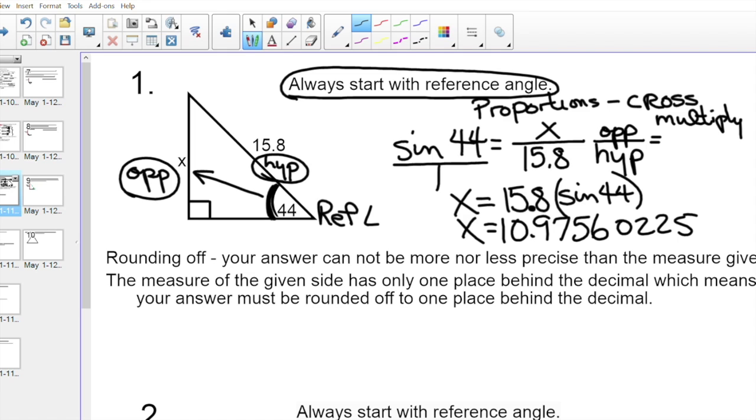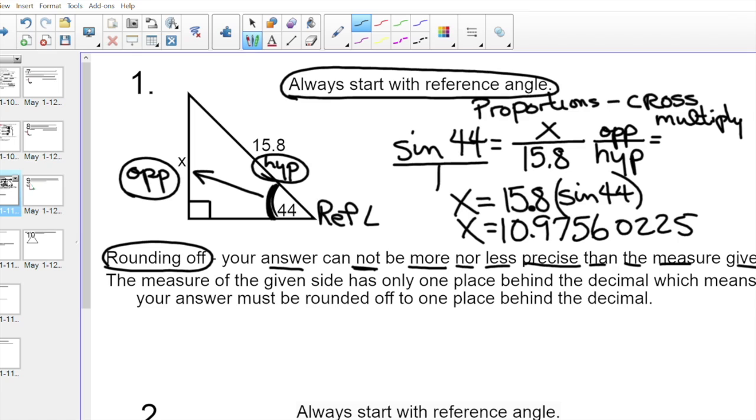We can keep all those numbers, but at the same time, we have to round off to the correct number. Now, on this board, the paper I have placed, rounding off, it says your answer cannot be more nor less precise than the measure given.